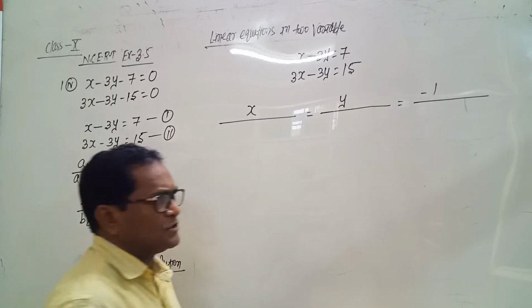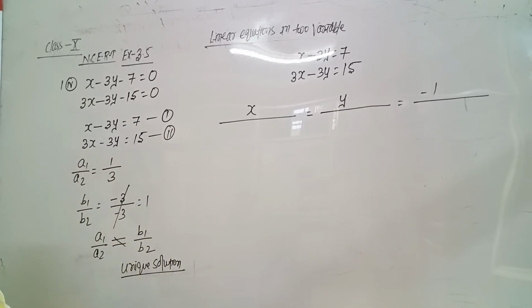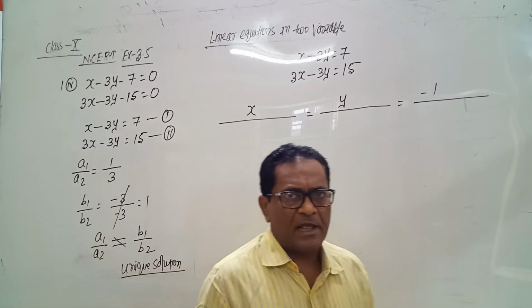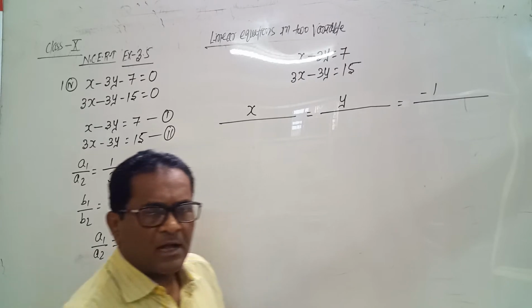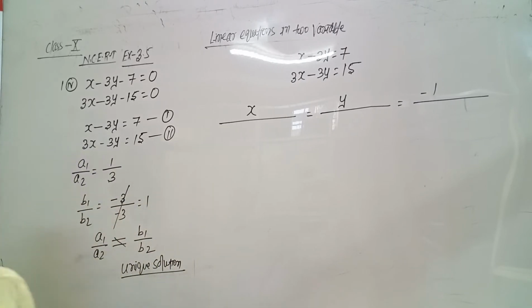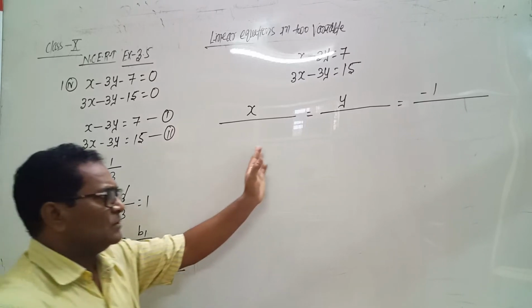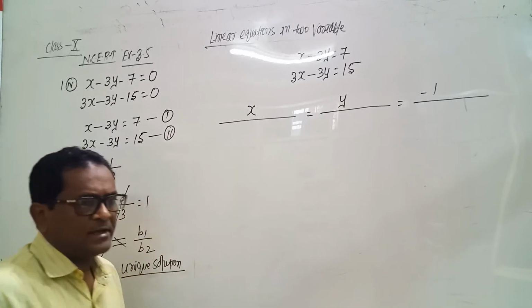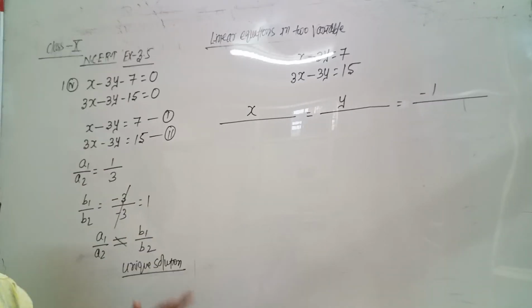In each of the questions by cross multiplication method, we have to use this formula. Firstly, we have to transpose the constant term of the equation to the right side. Then we have to write down this formula. x equals to y equals to minus 1.